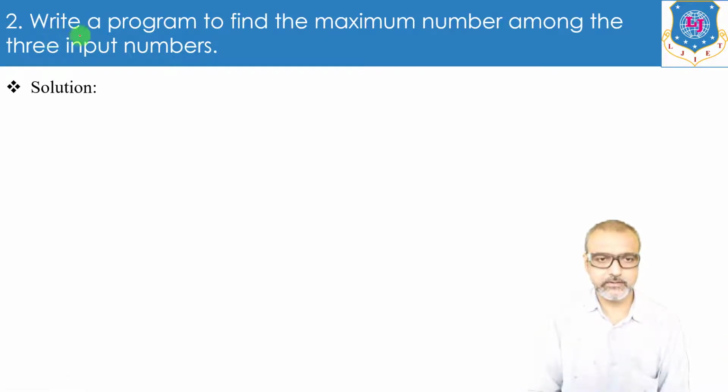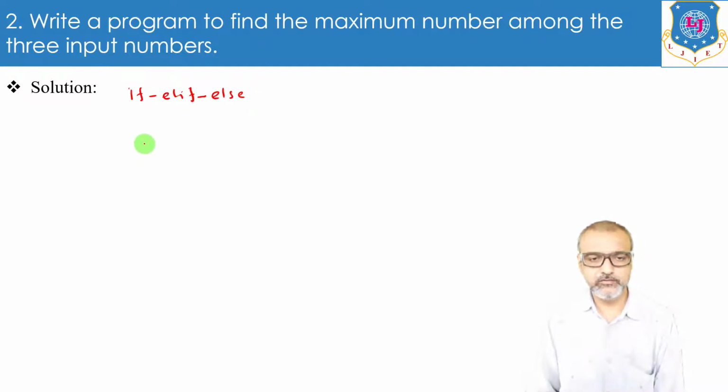And that is, write a program to find the maximum number among the three input numbers. So to find the maximum number among the three numbers, we will use if, elif, else statement.